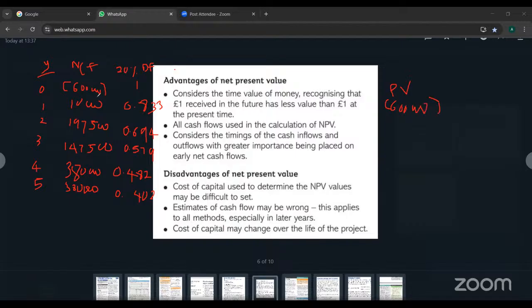Year 1: 10,000 into 0.833 gives you 8,330. Year 2: 197,500 into 0.694, which is 137,065.